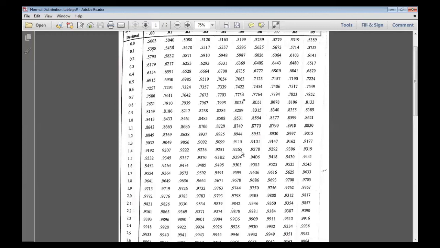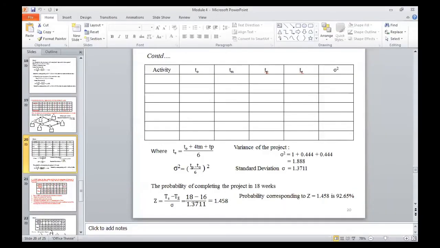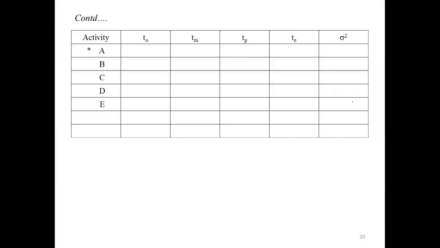Here it is 0.9265, as we get only two decimal values. So multiply by 100, we will get 92.65. This is the solution for the given problem.